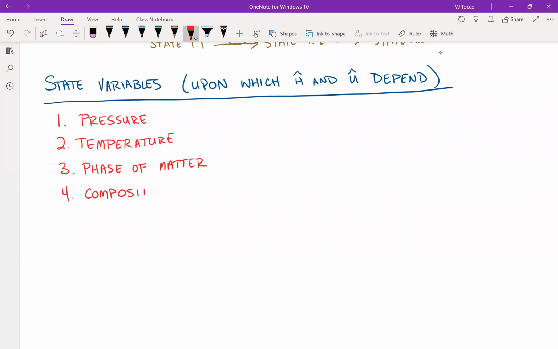This is the one that we'll talk the least about. And when I say composition, I'm talking about delta H of mixing. And in your chemistry class, you might have experienced that when you're mixing chemicals, sometimes just the process of mixing something can make it very hot. So for example, I'm thinking of a particularly dangerous solution that I used to work with in my PhD called piranha solution.